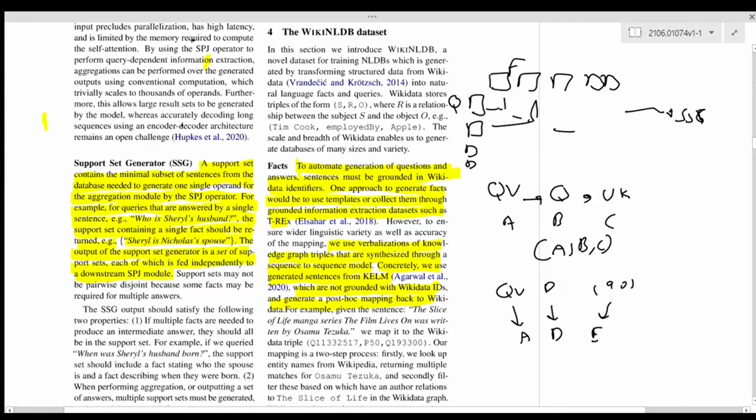But this doesn't scale well, and it also doesn't provide the context if there are values across multiple sentences.